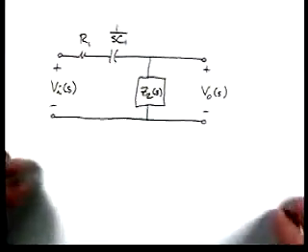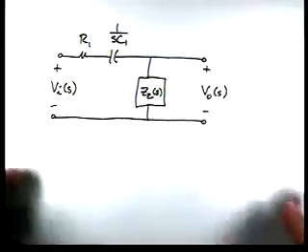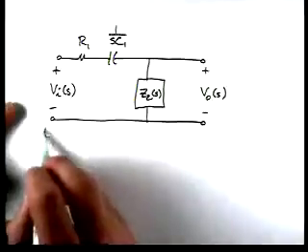Now let's redraw our circuit, and there's our impedance Z2(s) that we just calculated, and we can express V0 in terms of Vi using voltage division.